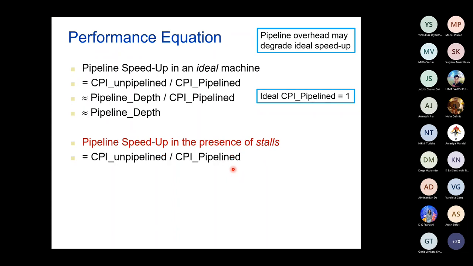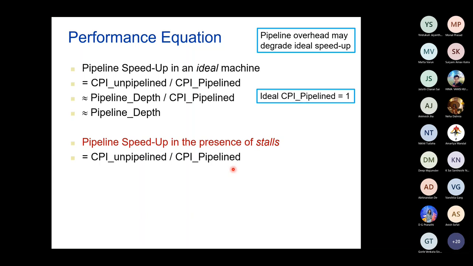So pipeline speedup in the presence of stalls. As before, we can write the same thing: the CPI for the unpipelined machine, the average number of clock cycles per instruction, divided by the CPI for the pipelined machine, but the realistic machine in the presence of stalls. In the ideal pipeline, the CPI is 1.